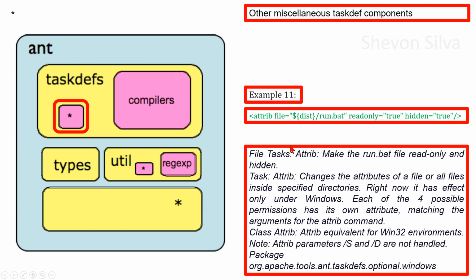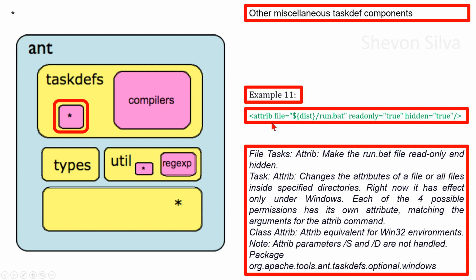Now we are considering attrib in file tasks. Here we make the run.bat file read-only and hidden.